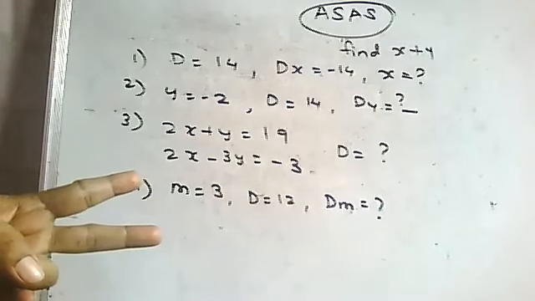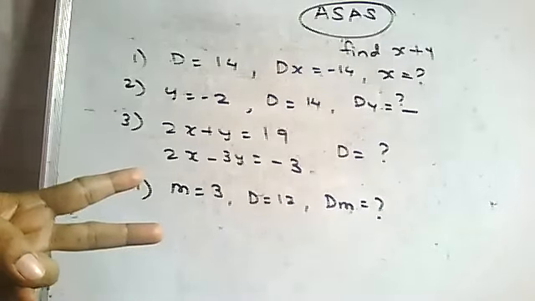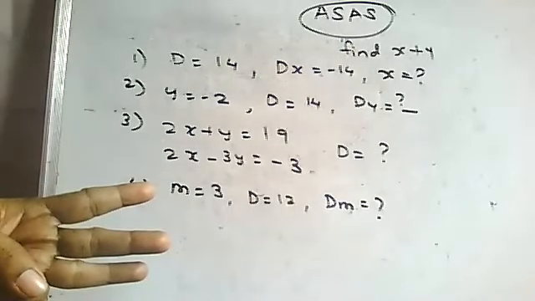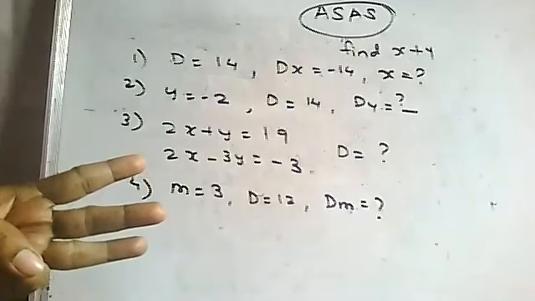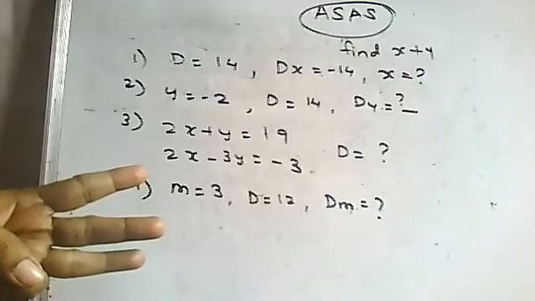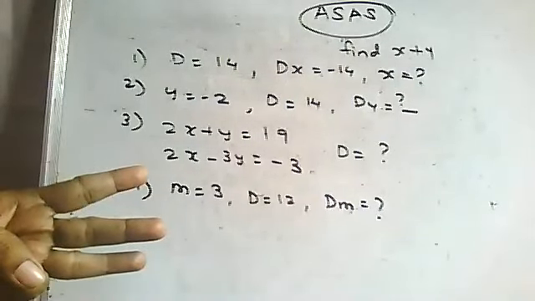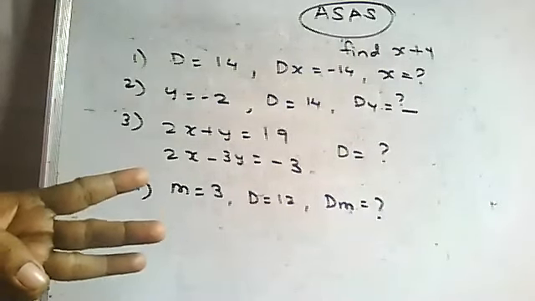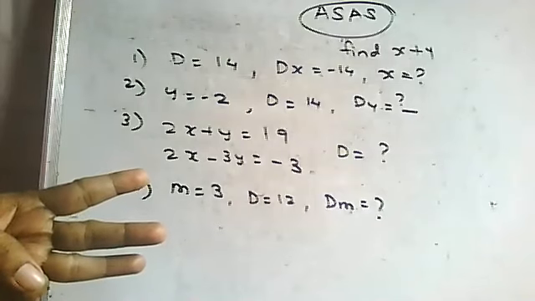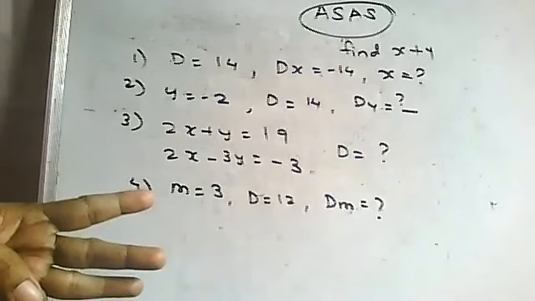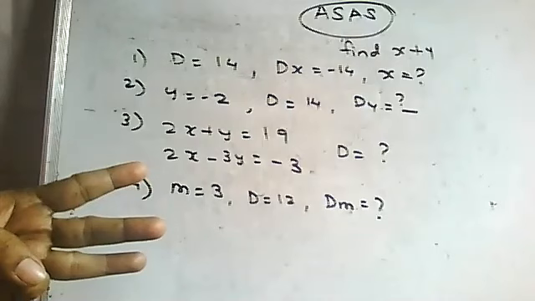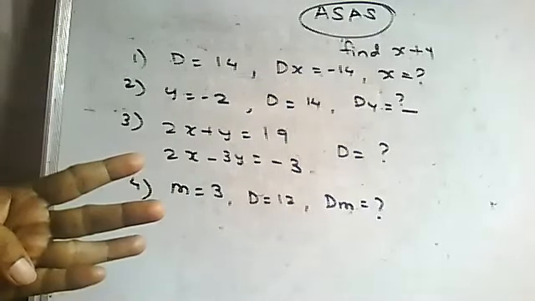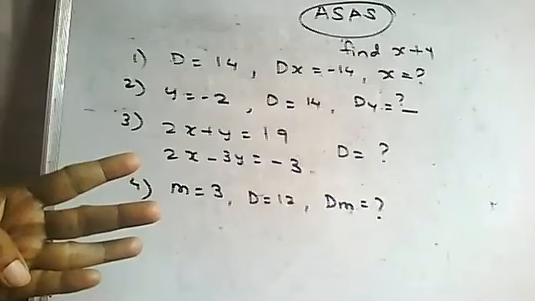Then we have also covered some graph. Graph related: complete the following table. Or they may give you the equation of a line that passes through this point, and find the unknown variable. Either you have to find one unknown variable or two unknown variables. Then we have covered if the line is parallel to x-axis, y-axis, then what?